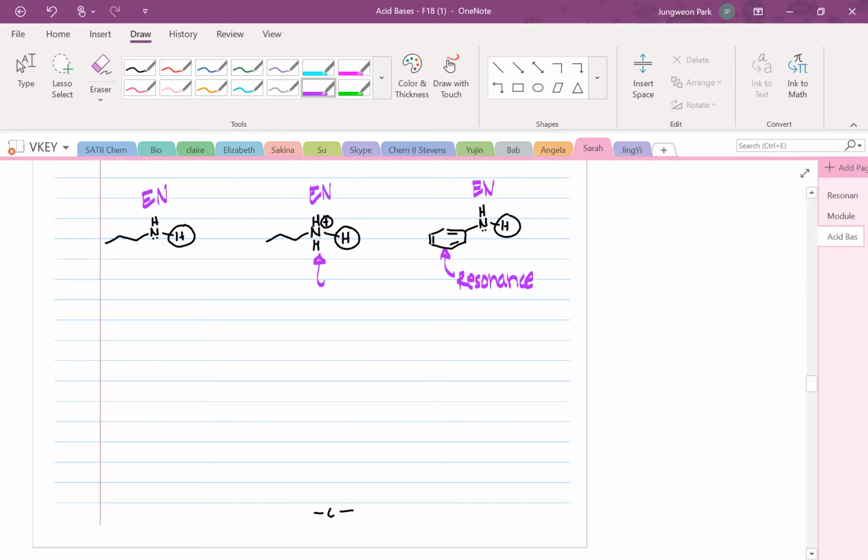So the fact that it's positive on the nitrogen means that it's very unstable, because electronegative atoms want to have a negative charge, not positive, right? So I would say that this is the least acidic.